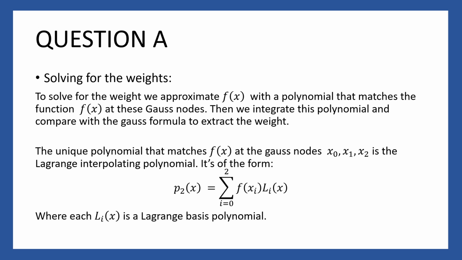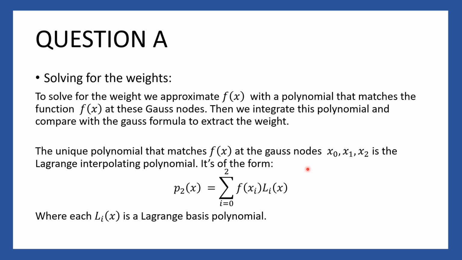So the unique polynomial that matches f of x at the Gauss nodes x0, x1, x2 is the Lagrange interpolating polynomial. As we mentioned earlier, the Lagrange interpolating polynomial is related to the Gauss quadrature rule in that it matches the function the Gauss quadrature rule is trying to integrate at the Gauss nodes.